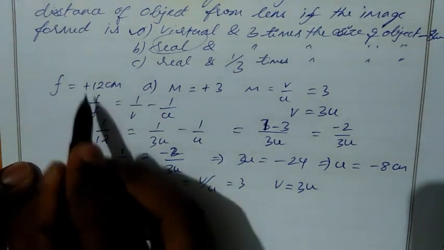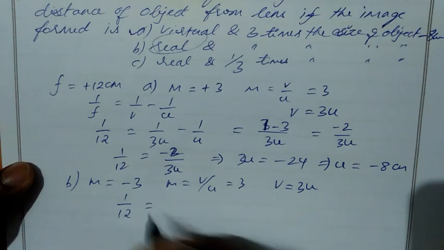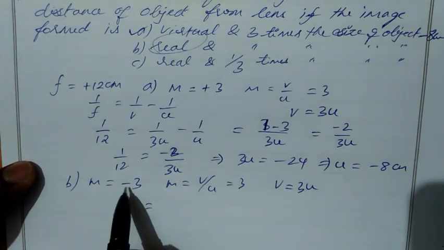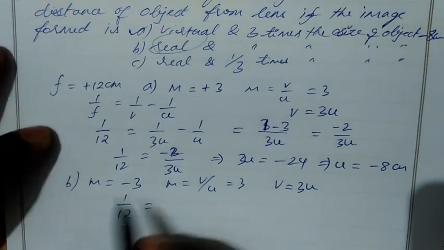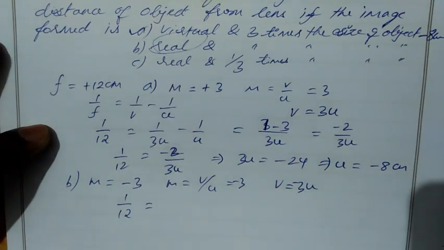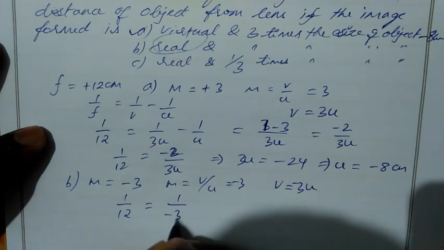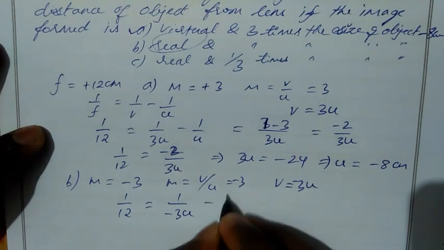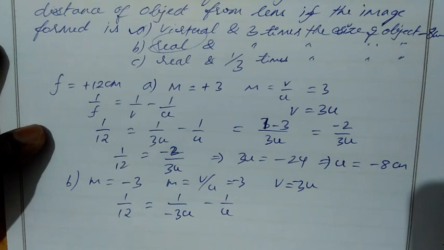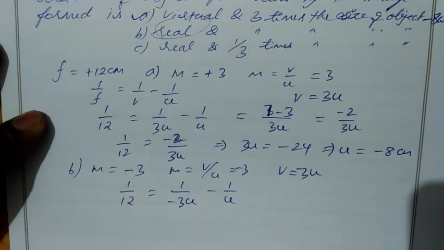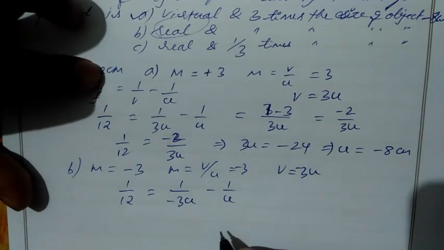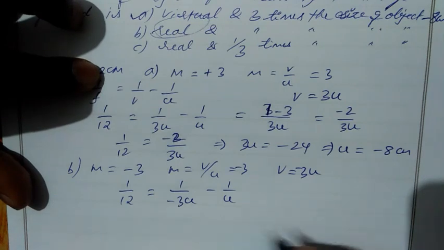1 by focal length, given 12 centimeter, equal to, yes, we have to consider the negative sign here, minus 3u. And 1 by v is 1 by minus 3u minus 1 by u. Okay, take 1 by 3u or do the cross multiplication, whatever we want.